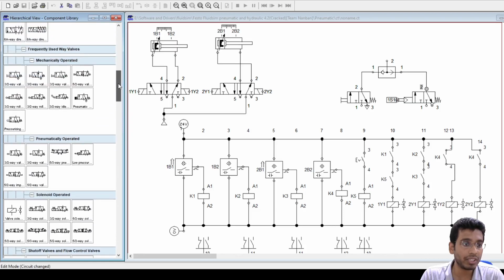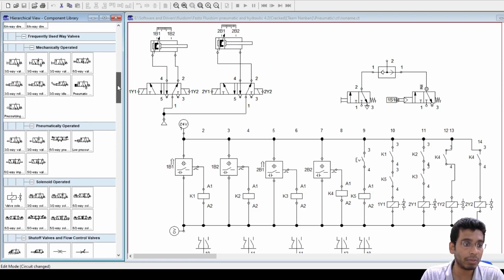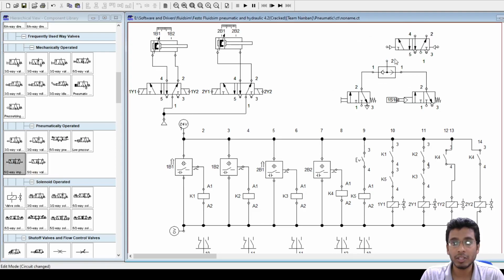You are going to feed these to a 5/2 double pilot operated valve, right? Suppose I have this 5/2 valve here, so your signal will come here. Yes. So when you are pressing this push button valve and your 1S1 roller valve, which is also giving what type of signal here?